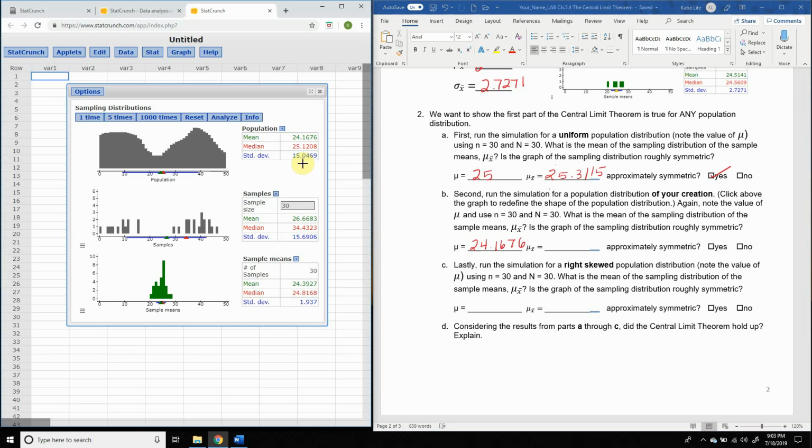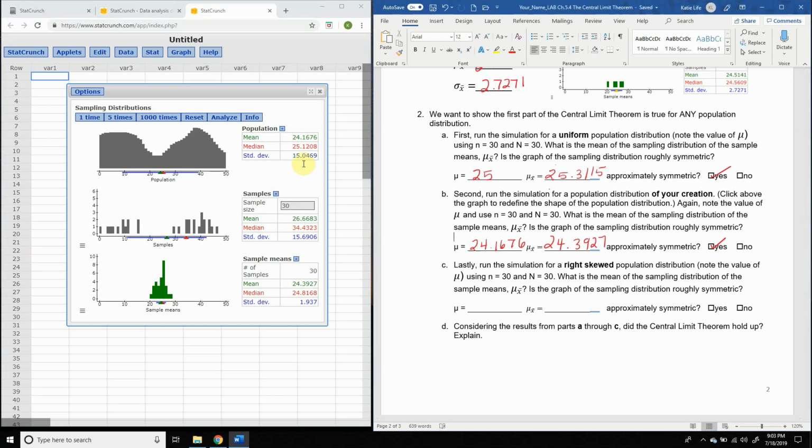Majority of the values are in the middle. It tapers to the left, it tapers to the right. So I'm going to check yes. And the mean is pretty close. It's 24.3927. So in part A and in part B, our mean of the sampling distribution of sample means is very close to the population mean.